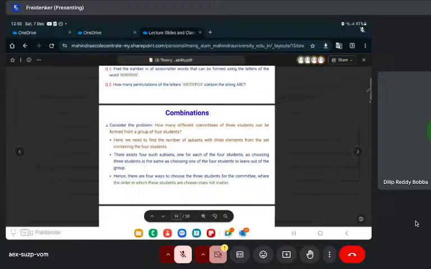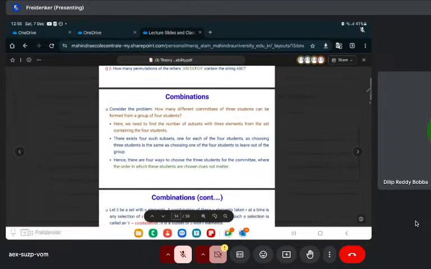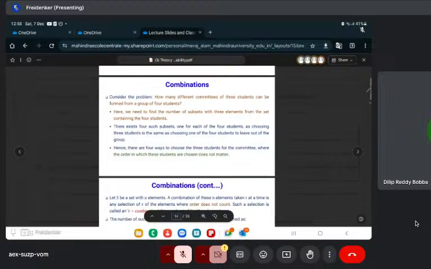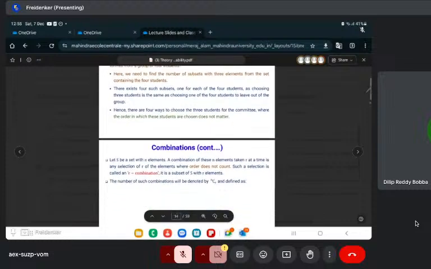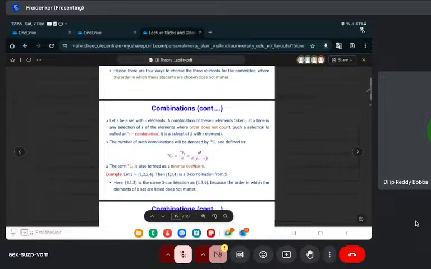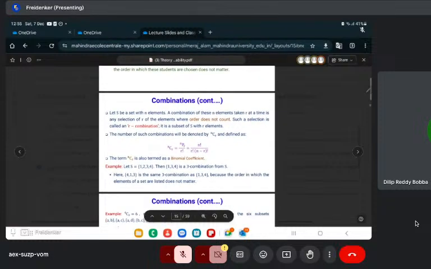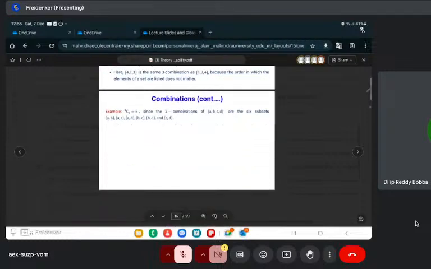You want to select k distinct objects from n distinct objects, so the number of ways in which you can do that is nCk. And we do the selections without repetition. After you pick it, you can't pick it once more. Nice. Now this is becoming a DMS class at this point.